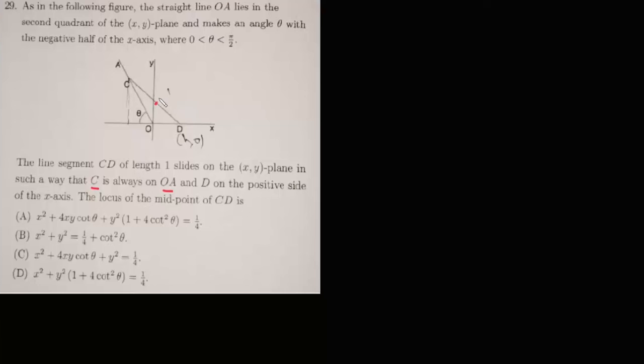Suppose you have to find the locus of this point, and say it is h comma k. Now the coordinate of D is suppose alpha comma 0, and this C is suppose P comma Q. Now the equation of AO will be y equals, and the slope of this line is tan of pi minus theta, so it will be minus x tan theta.